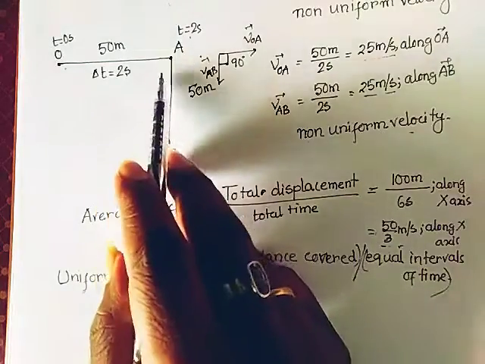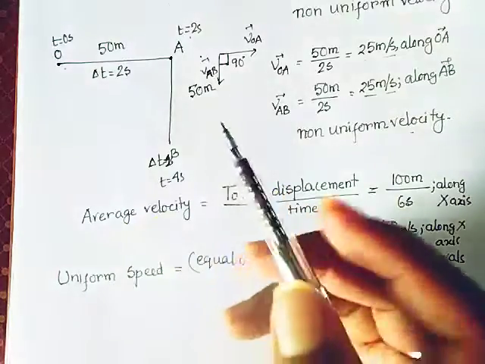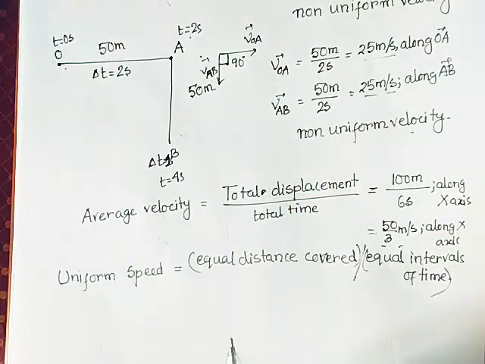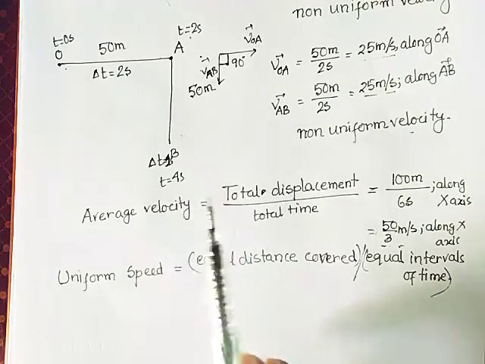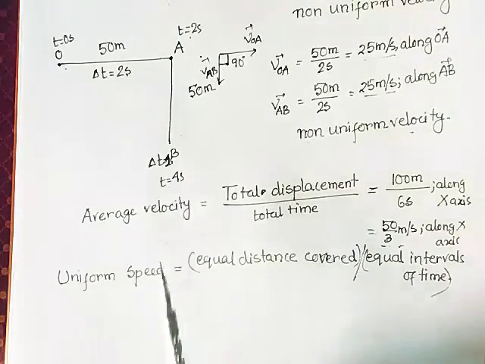So it does not matter about the directions. If the particle moves along a straight line, then also if it covers equal distance in equal intervals of time, it does not matter about the direction. At that time also we can say that is the uniform speed. So from this example it is shown that if a particle is moving with a non-uniform velocity, it may be moving with a uniform speed.